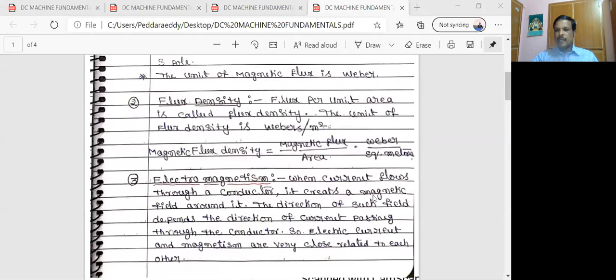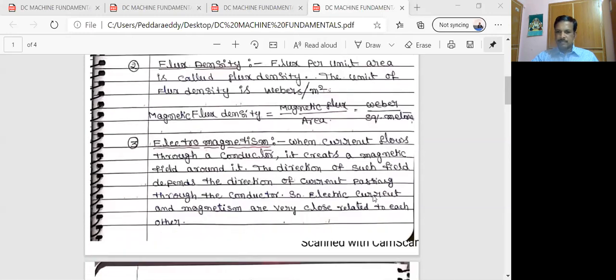Next, electromagnetism. When current flows through a conductor, it creates a magnetic field around it. This is a very important point.